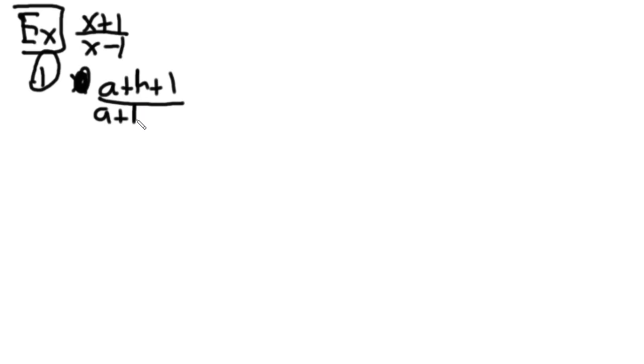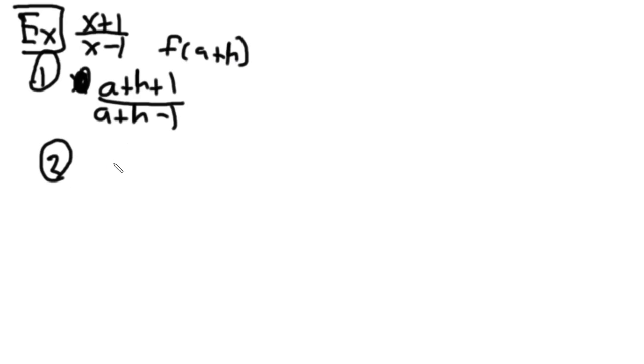Okay, so this is a fraction, so it's going to be a little tricky, but maybe not too bad. So using my first step, that's going to be a plus h plus 1 over a plus h minus 1. So that's step 1. Step 1 is my f of a plus h step.